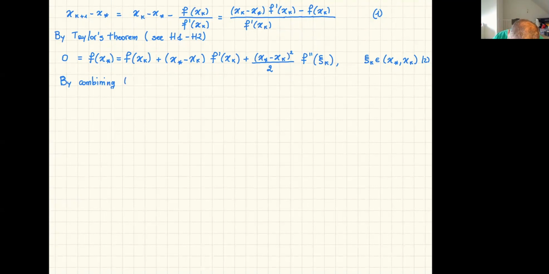So by combining 1 and 2, we obtain xk plus 1 minus x star equals a half, xk minus x star squared, times f double primed at psi k divided by f primed at xk.